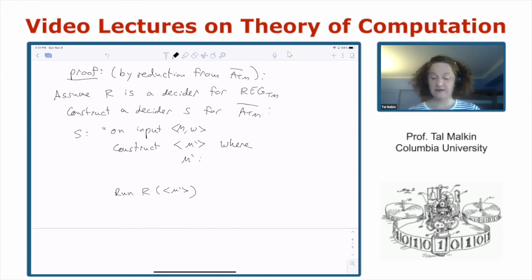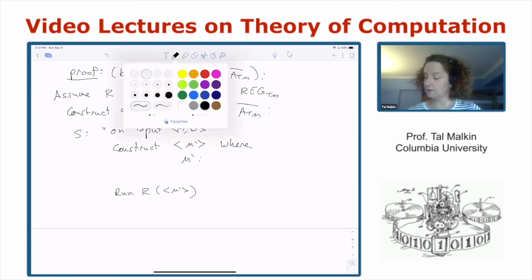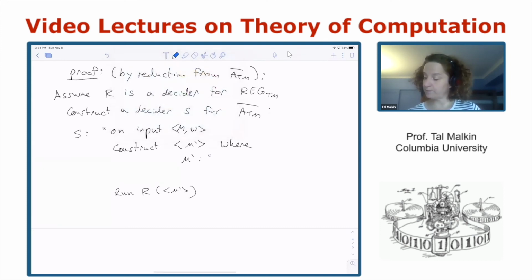I will say something like this. So M prime will work like this. On input X, I will use the fact that I know some language is not regular. So let's say this.